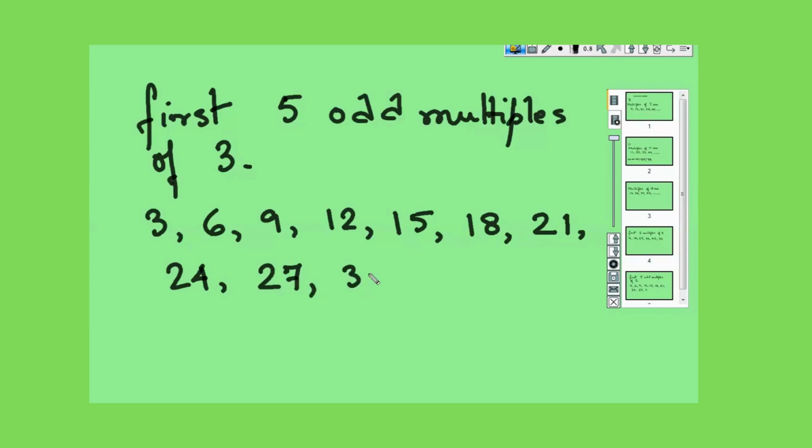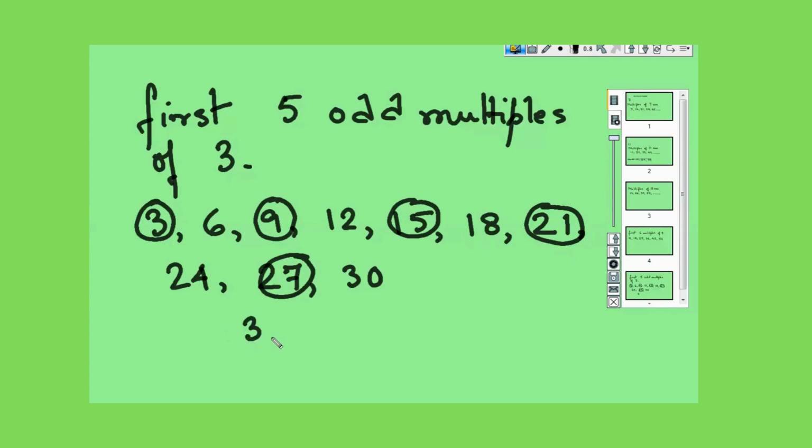Now over here, it is given the first 5 odd multiples. So you can circle it: the first one, second one, third one, fourth one, and the fifth one. So the first 5 odd multiples of 3 are 3, 9, 15, 21, and 27.